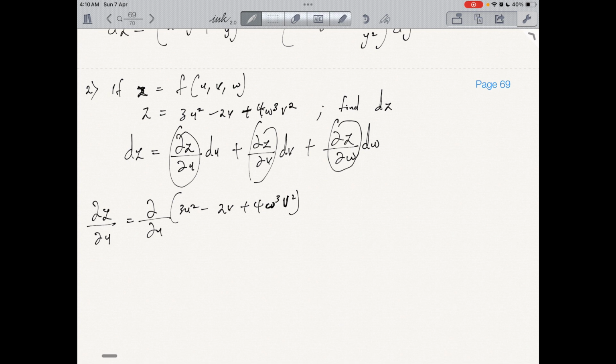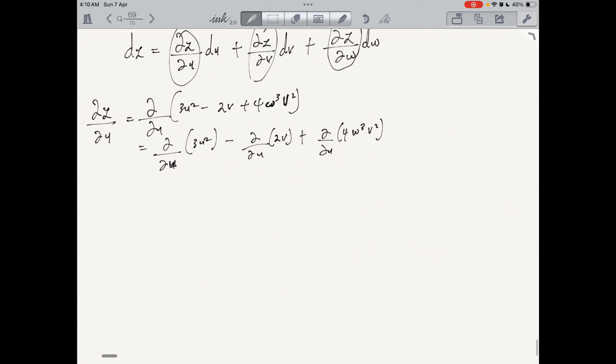Okay, so let's split this further for more understanding. And we have d/du of 3u squared minus d/du of 2v plus d/du of 4w cubed v squared. So with this done, bring out the constant and leave the full differentials.